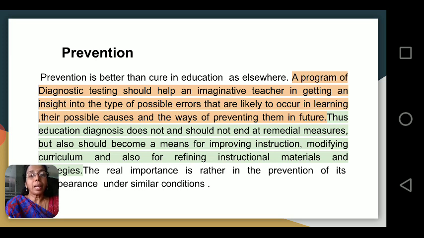The teacher can take care in the next teaching learning process to avoid the possible causes and problems with the learners. And thus educational diagnosis does not and should not end at remedial measures, but also should become a means for improving instruction, modifying curriculum, and also for refining instructional materials and strategies.